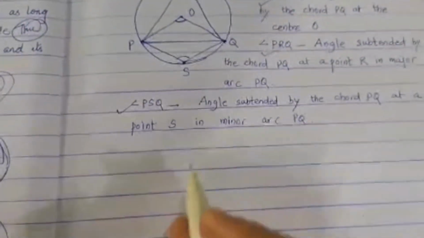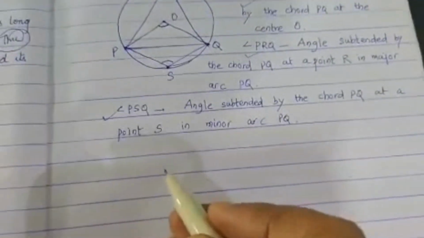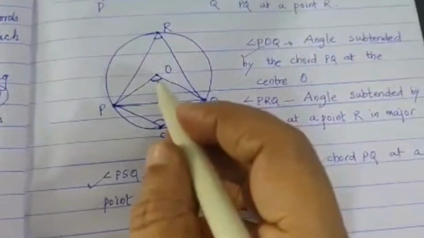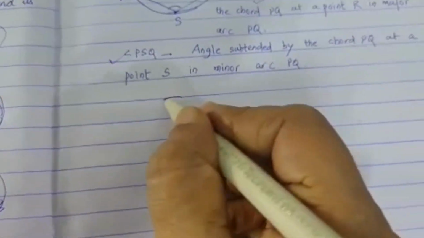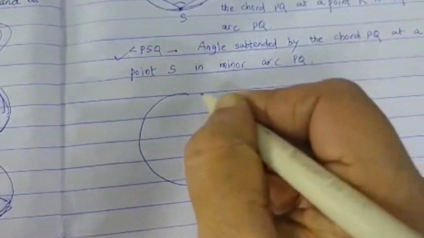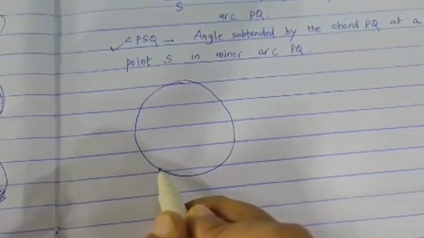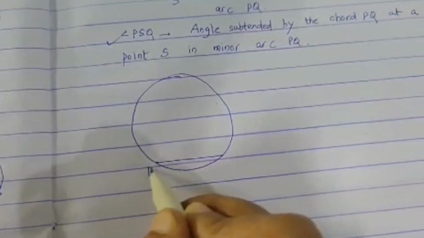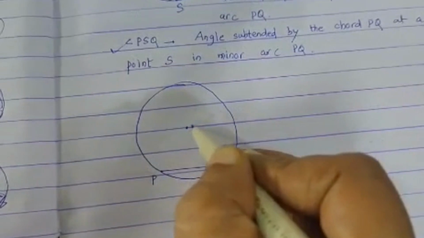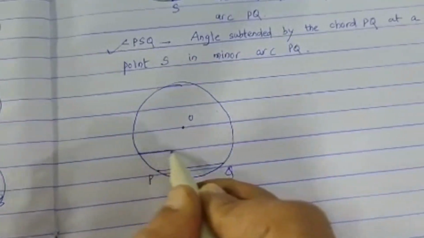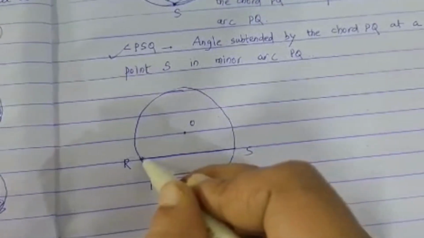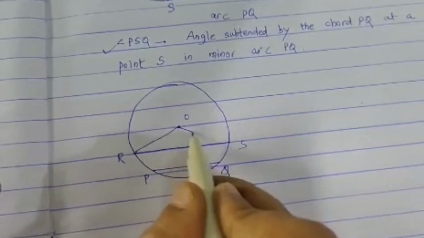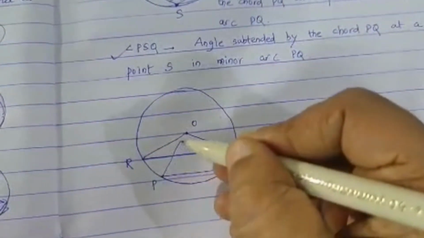Now there is a relation between the angles and the length of the chords. Suppose we are taking one small chord here, PQ. This is the center of the circle O, and we are taking a large chord here, RS.